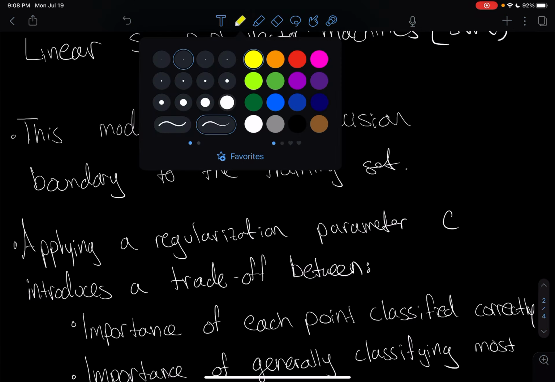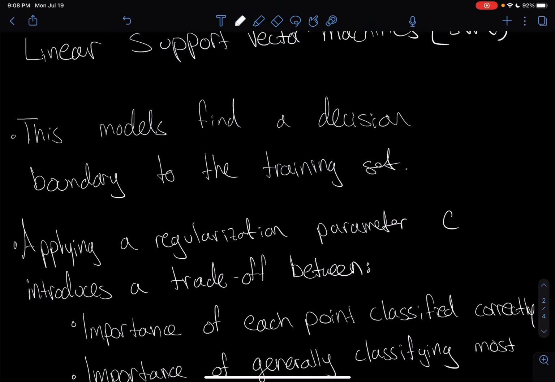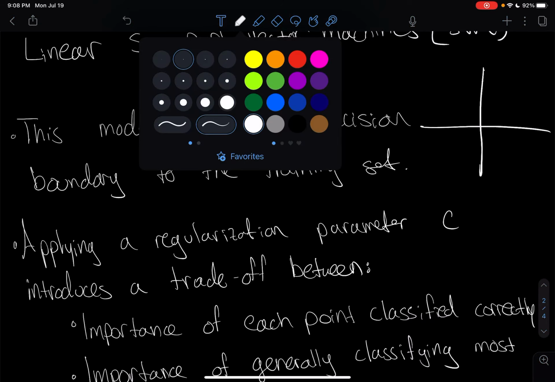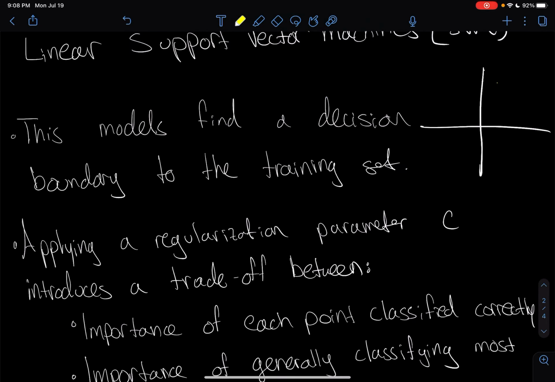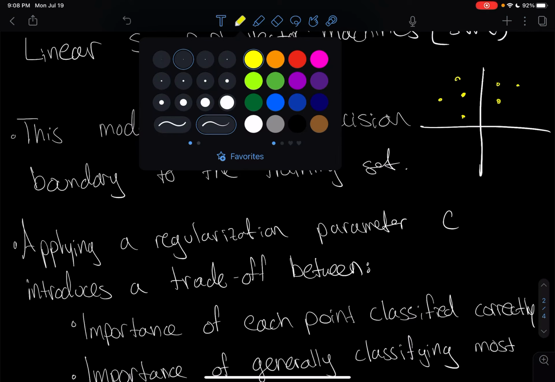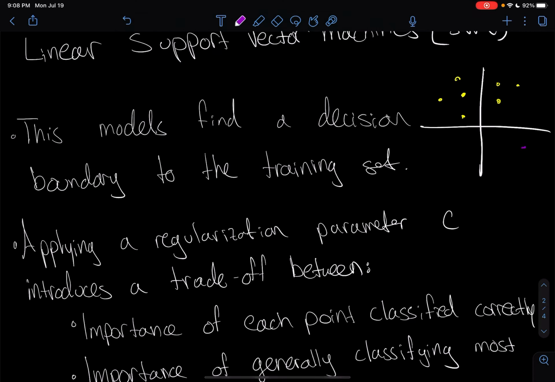So to give a really rough sketch of what that looks like, just so you get a picture in your mind, this is again the same old graph filled with a variety of data points. I'll pick another color here. Let's go with purple. So those are your data points.